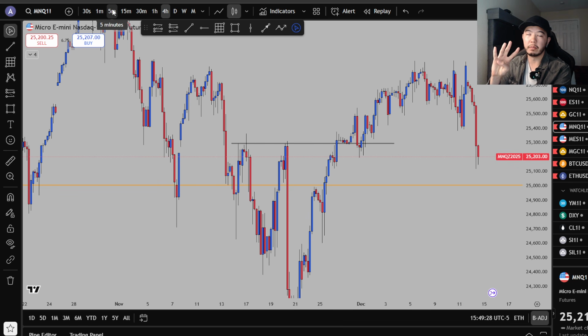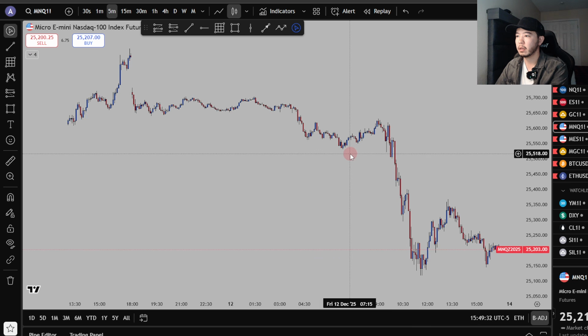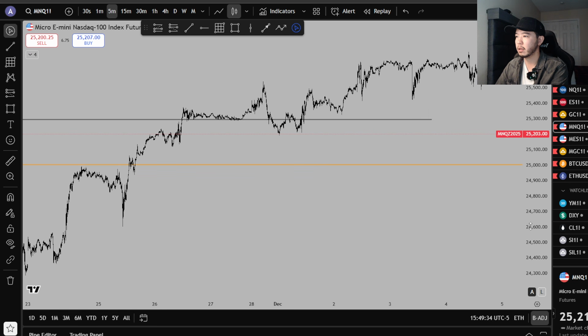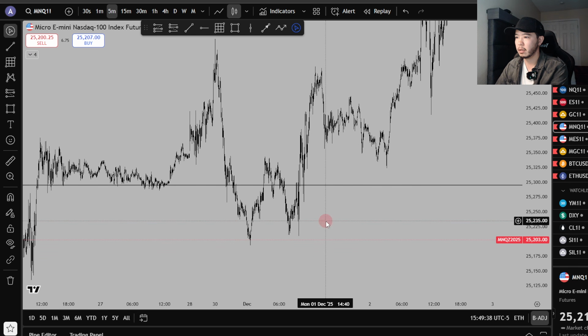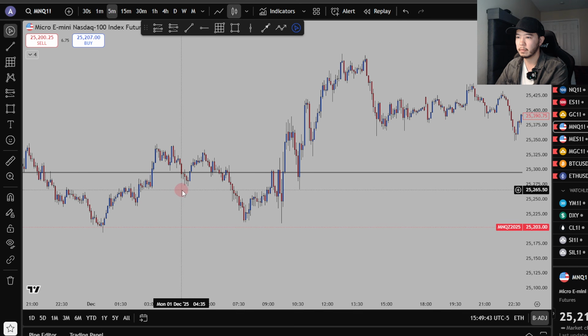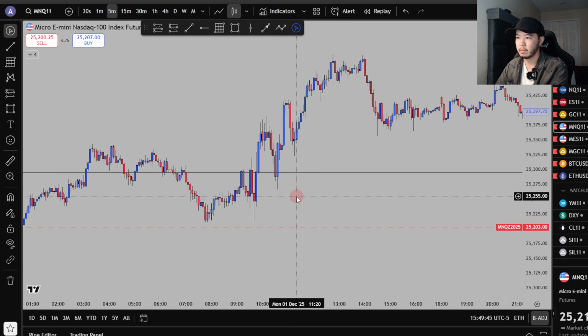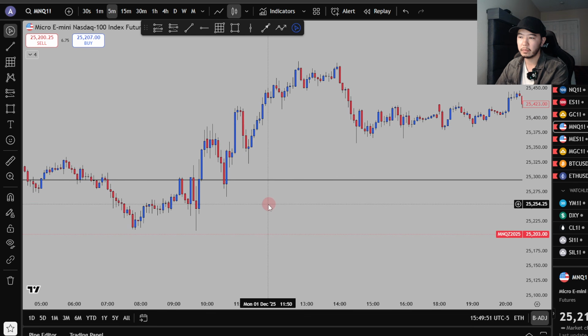So we paired the 4-hour with the 5-minute. Right here in this candle, we close above it.